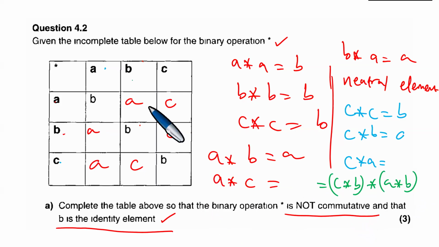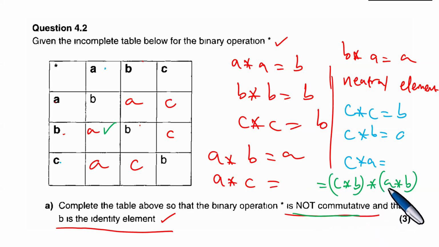And then obviously because this is associative, you can associate elements and look at things like B star A. B star A remains A indeed. So you can associate the B and the A. But obviously this is not commutative.